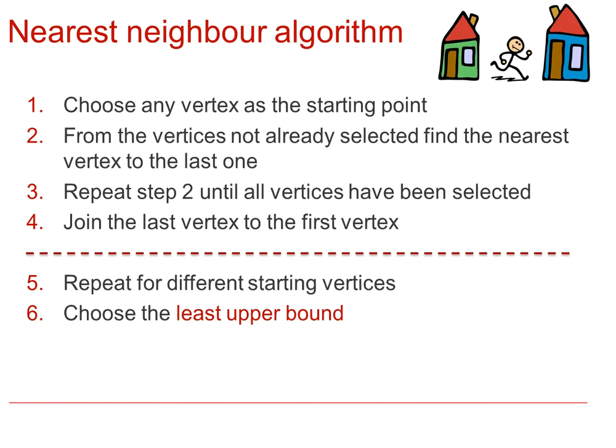So the rest of the nearest neighbour algorithm is to repeat for different starting vertices. And then when you've compared all 5, or n, depending on how many nodes you've got in the network, you then choose the least upper bound. Remembering we're trying to make the upper bound as small as possible.